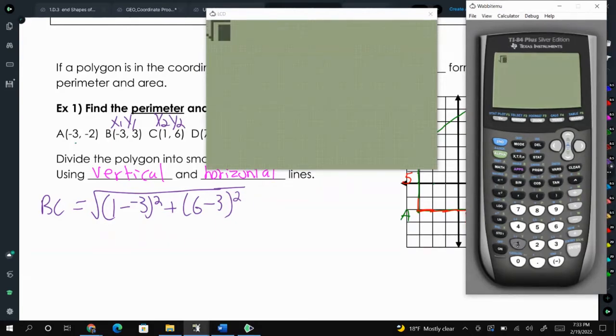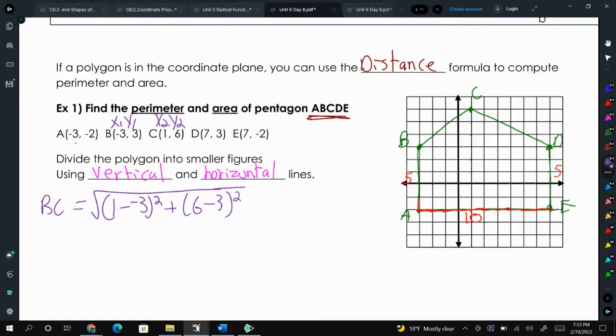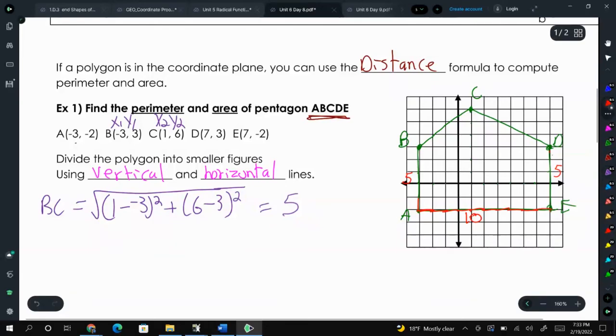Okay. 1 minus -3. Oops, the parenthesis did not get typed in. 1 minus -3, parenthesis squared, plus 6 minus 3, close parentheses, squared. And we get 5. So I'm going to come back up here and write 5 for BC.